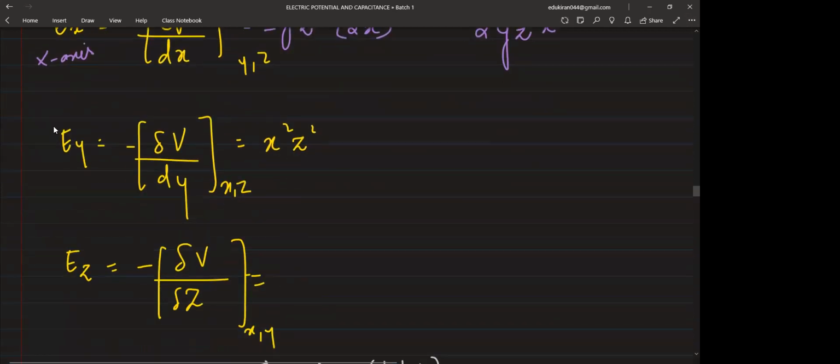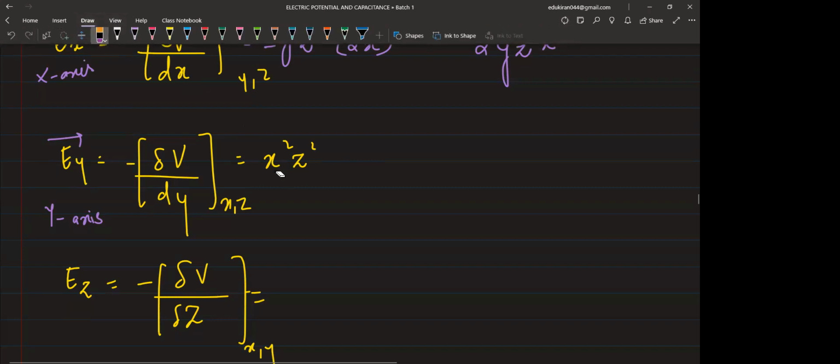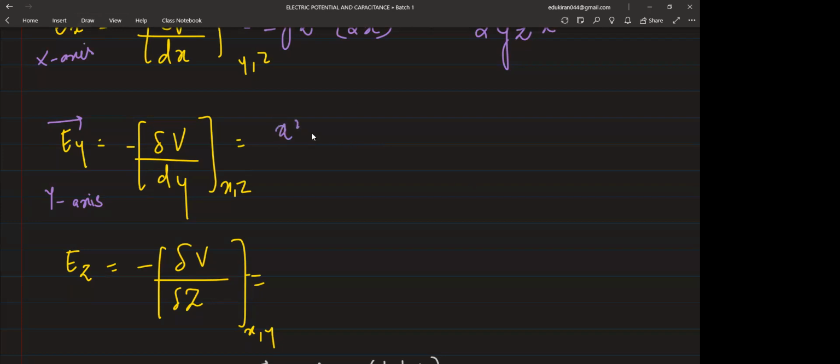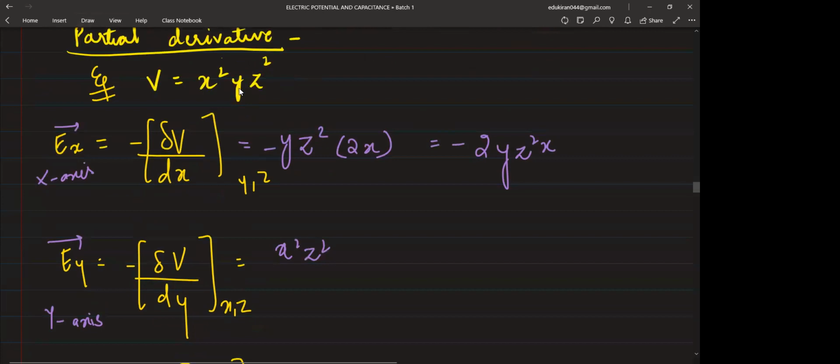Let's come to the y-axis now. This is specifically for the y-axis: minus del V by del y. Now, since we are differentiating y, our x and z will act as constants. Understand? So x square z square will be written, and we are left with the variable y.